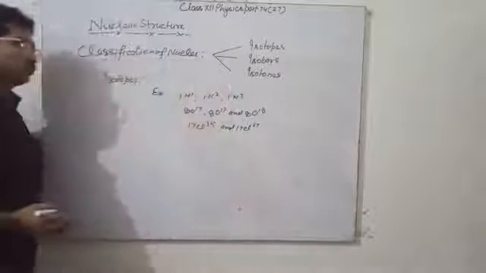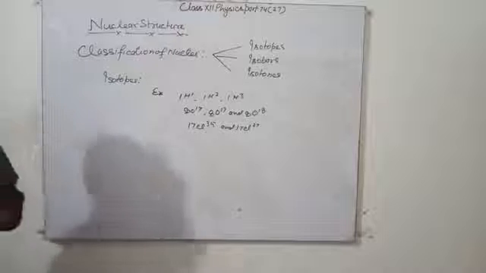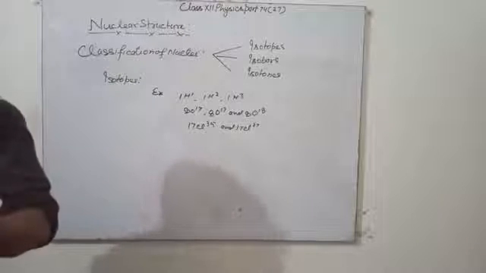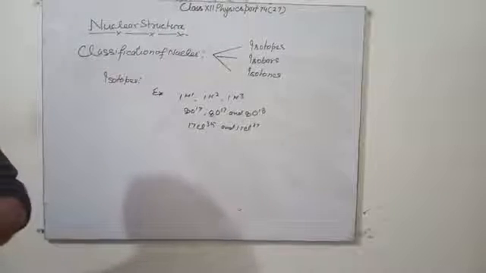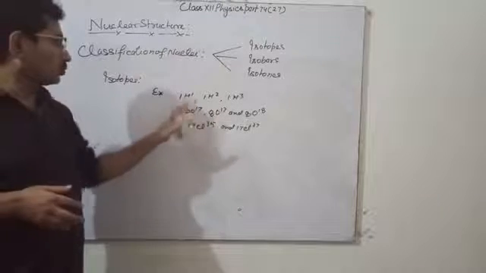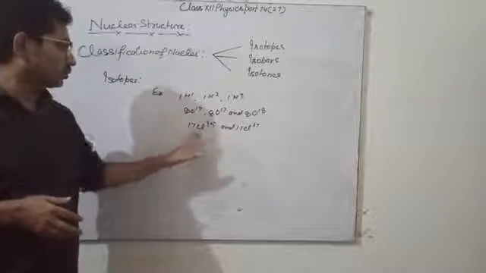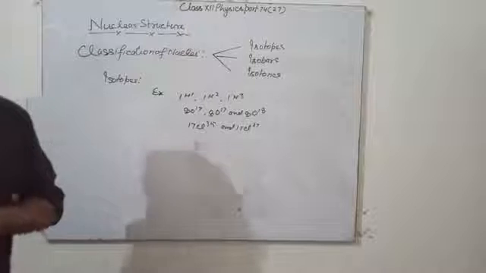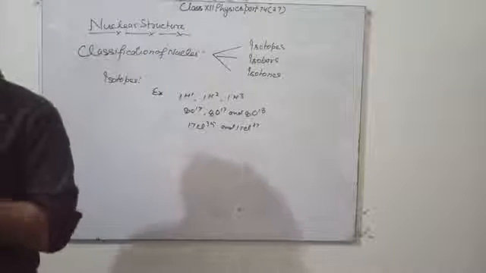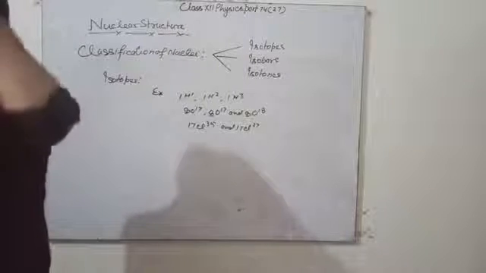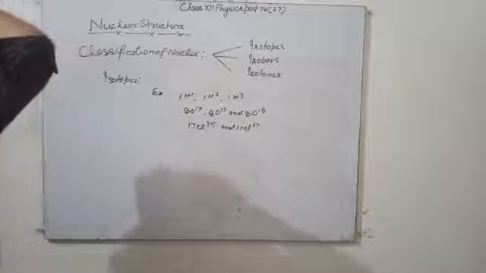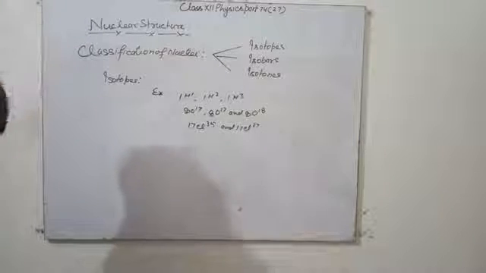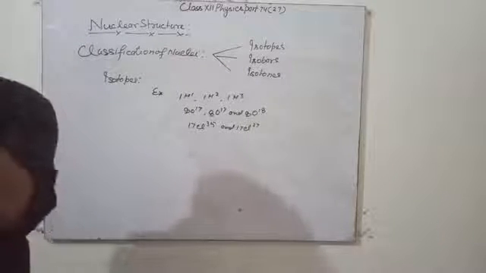These are isotopes because they have the same atomic number of an element. This is the hydrogen isotope, this is the oxygen isotope, and this is the chlorine isotope, having the same protons but a different number of neutrons.